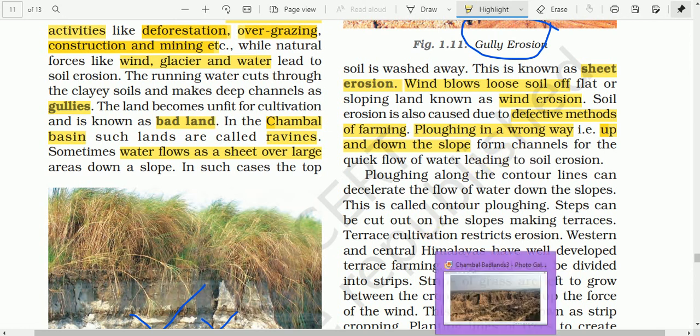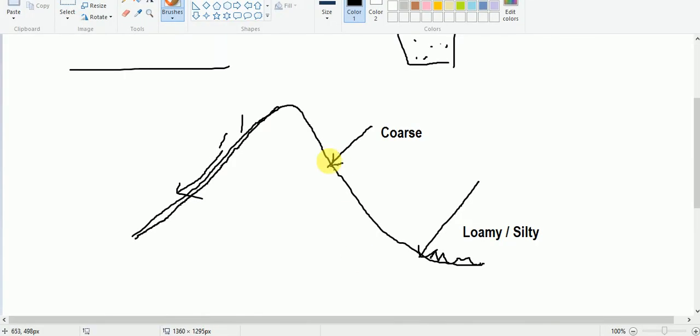See, in the mountainous areas, if you plough up and down like this, it will help in the formation of rills. This is what I call the wrong method of ploughing. Instead, you must plough horizontally in this way. We call it contour ploughing.